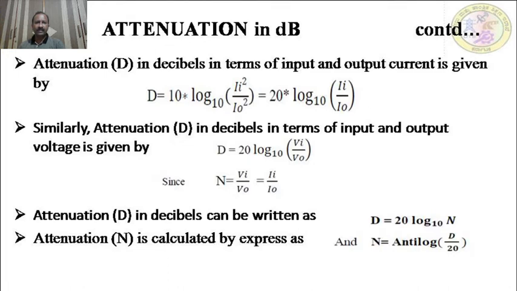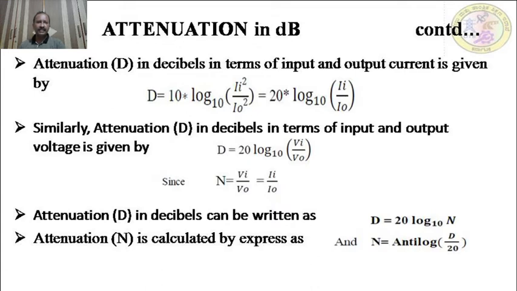Similarly, attenuation D in decibel in terms of input and output voltage is given by D is equal to 20 log base 10 Vi by V naught, and n is equal to Vi by V naught, I by I naught, which is equal to square root of Pi by P naught.